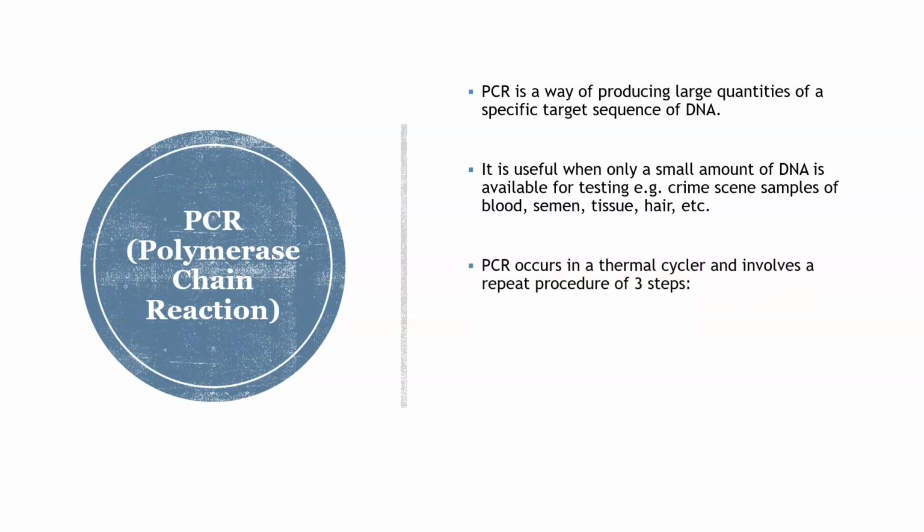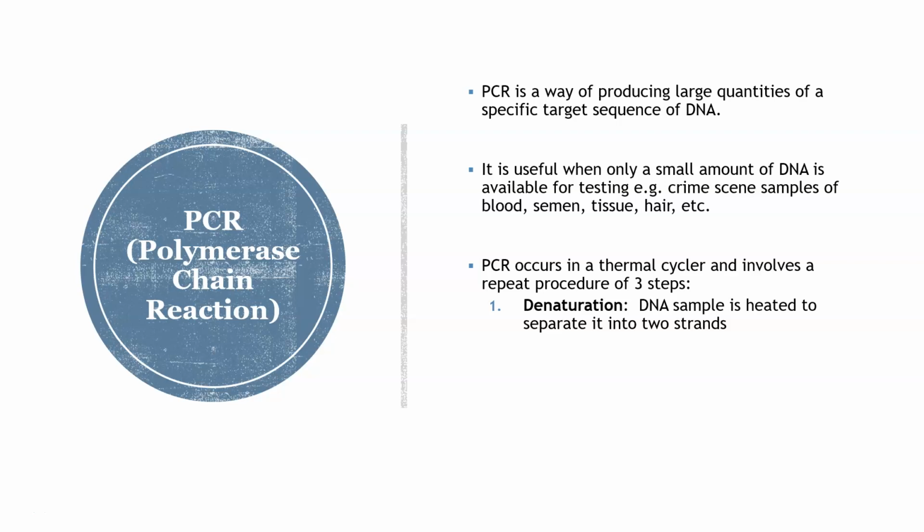PCR occurs in a thermal cycler and involves a 3-step procedure which is repeated. So to start off with, we've got denaturation. Now this is where the DNA sample is heated to separate the two strands. So remembering when you heat molecules, those hydrogen bonds tend to break.